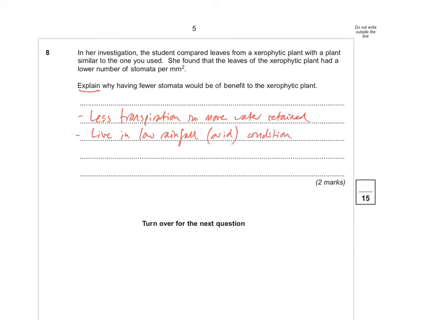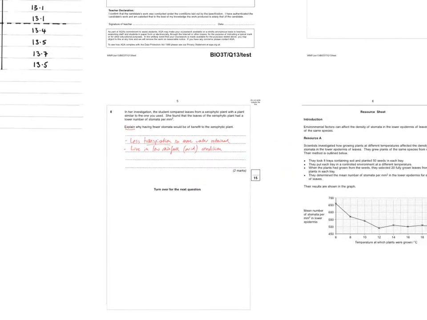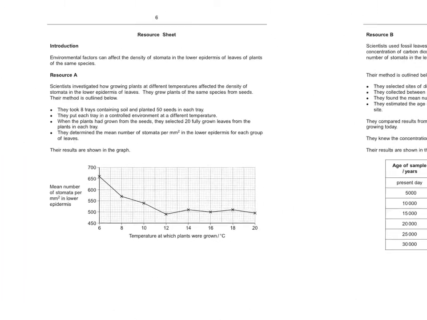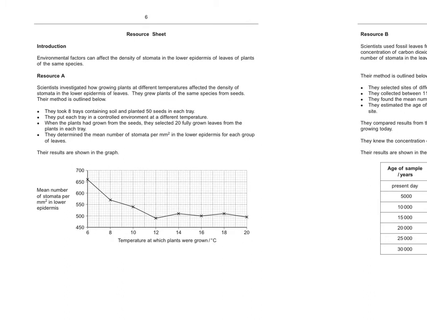How easy is that second mark? And that's the mark that a lot of people miss out. Is that the benefit of having fewer stomata to the xerophytic plant is that they can survive in low rainfall or dry conditions. Okay, and the explain bit is transpiration. So that's section A done. Really easy, but it's only easy when you know how, or when you see the answer, you're thinking, oh, is that all you have to put?